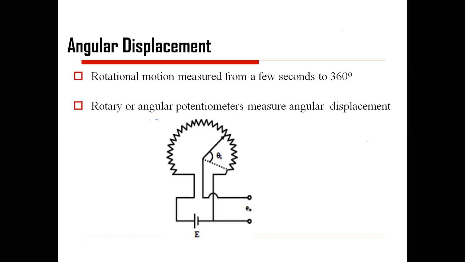That's why the speed of the fan is the minimum. So here the regulator of the fan is the best example for angular displacement.